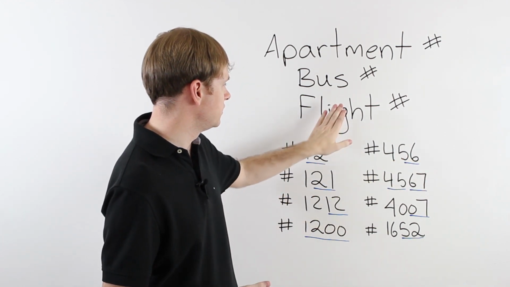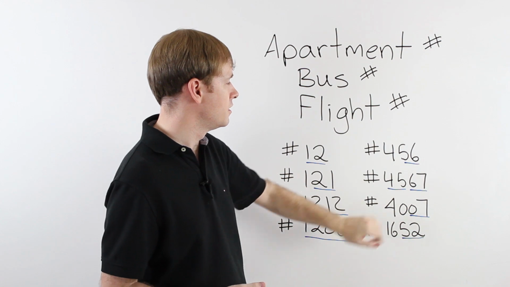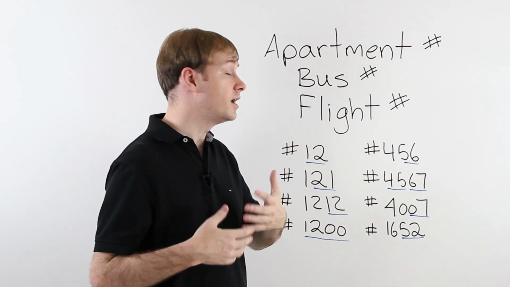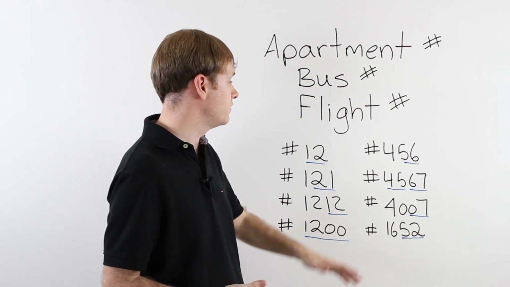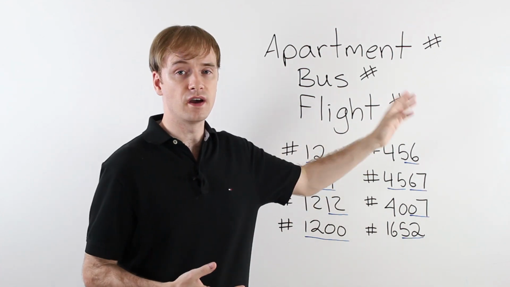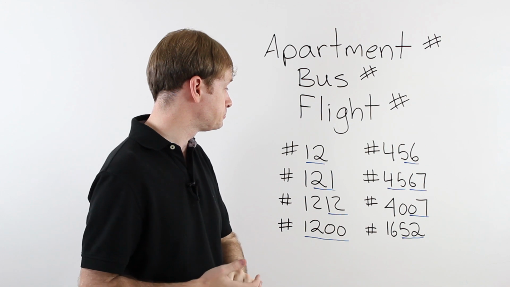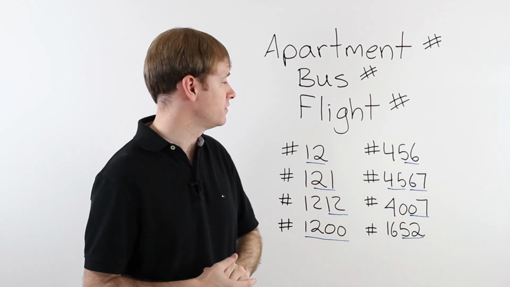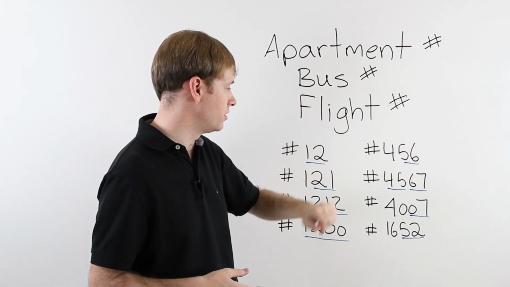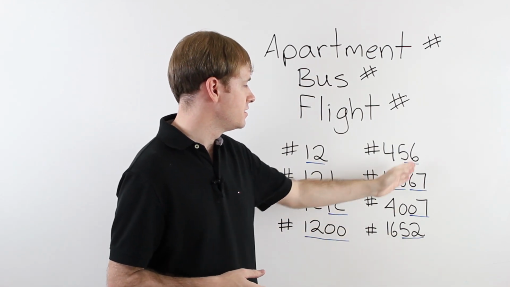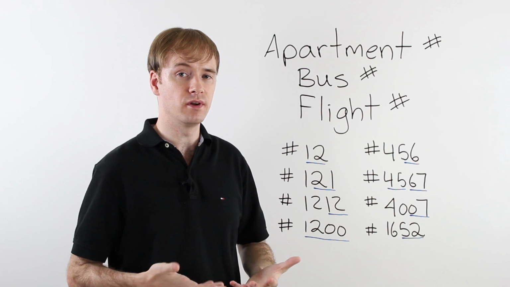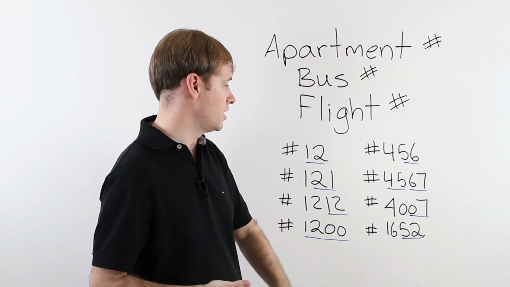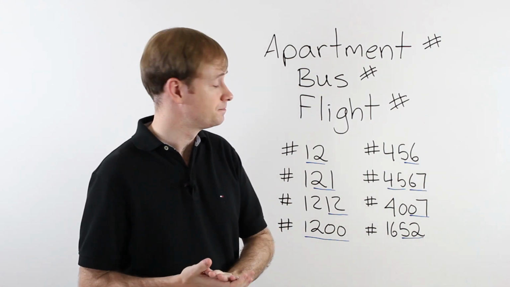The next one, the last two numbers, 56. So let's say flight number four fifty-six. Flight number 456. Again, you could also say flight number four five six. That's okay. The next one, the last two, 67. So let's say bus number forty-five sixty-seven. Bus number 4567. Or you could also say four five six seven.